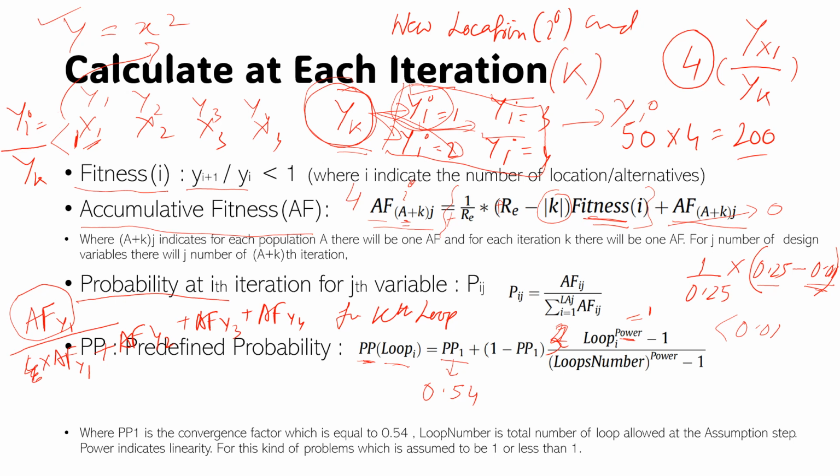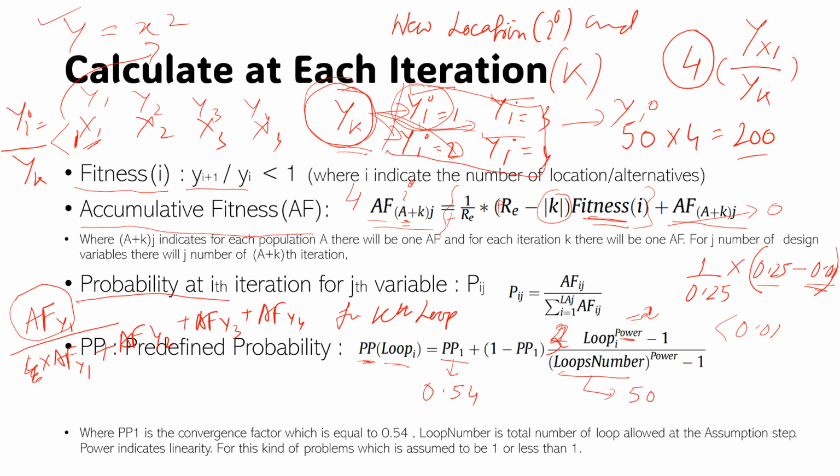If you are also trying to consider non-linearity, then you can use power more than 1. Whenever you use this power as 2, this entire equation becomes non-linear. And this loop number is the loop number that you have assumed at the assumption step.